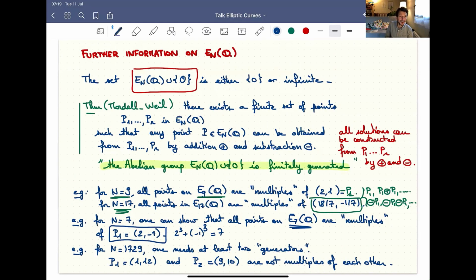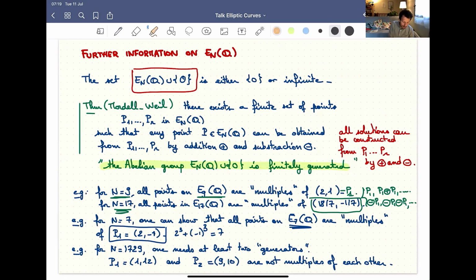Excellent question. The answer is no, and it's a big problem. The Mordell-Weil theorem tells us that there exists a finite set of points from which you can generate the whole set of solutions.